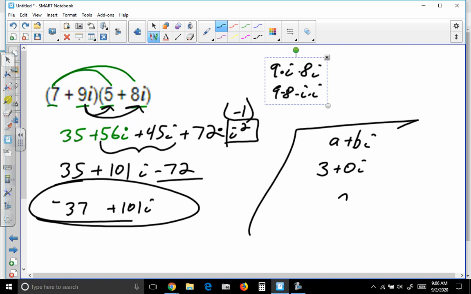If we have a number that's just imaginary, then it has no reals. But if it's both real and imaginary, then neither one of those are 0. So this would be standard complex form for all three of those numbers. Even though the first one is just a real number, the second one is just imaginary.